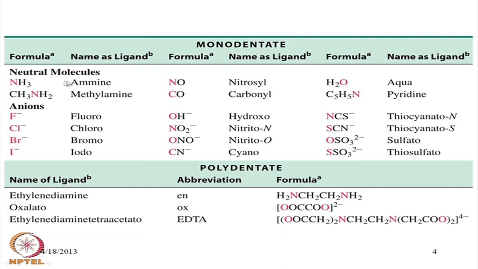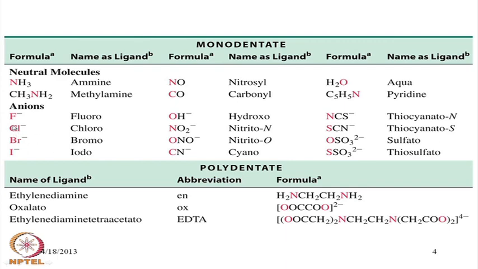So, this amine gives the corresponding coordination through this red bond atom, that means the nitrogen. Then we can have methylamine, where the coordination is through nitrogen. Then fluoro, chloro, bromo and iodo groups are there.